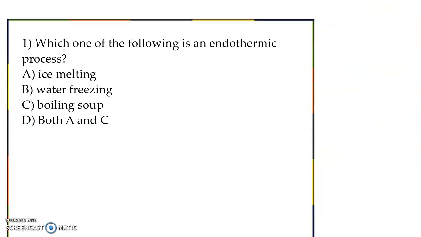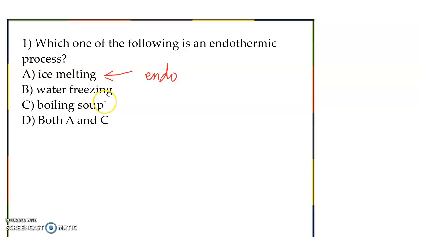Let's look at this problem. Which one of the following is an endothermic process? If you want to melt the ice, do you need to give heat to the ice, or take heat out from the ice? Of course, give it heat. If you put it into the oven, then the ice can melt. So this one is endothermic.